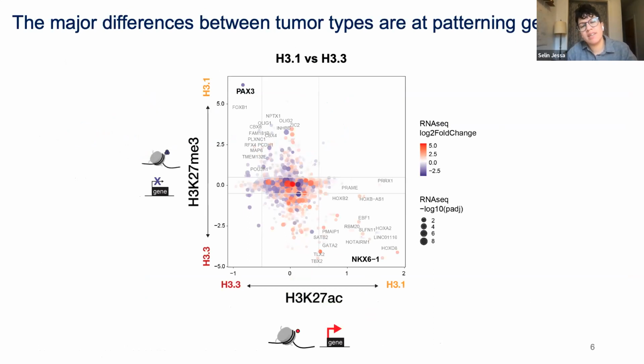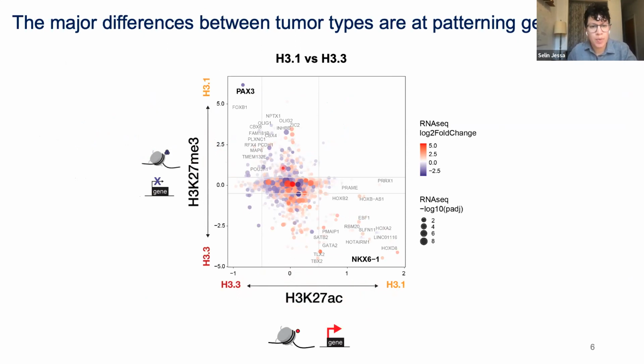Next we honed in on the major differences between the tumor types by comparing 3 different types of molecular data. In this figure, every point represents one gene. The x-axis is the differential promoter histone 3K27 acetylation between H3.1 and H3.3 tumors. The y-axis is the differential trimethylation, and the point color represents the RNA-seq log fold change.